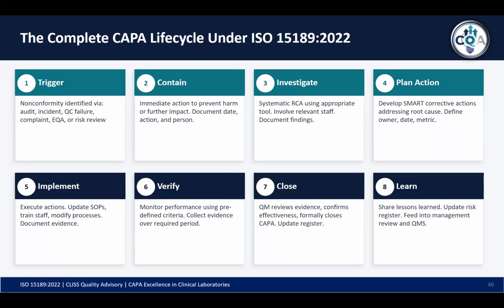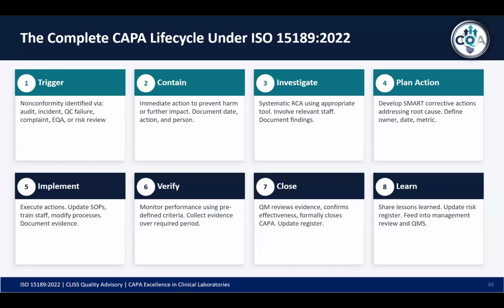Number five, implement based on the plan that you would have developed. Number six, verify effectiveness, monitor performance over a predefined criteria and a predefined time period. Number seven, close the non-conformity. And this is looking at the 12 checklists that we proposed your quality manager should look at to then verify and sign it off.